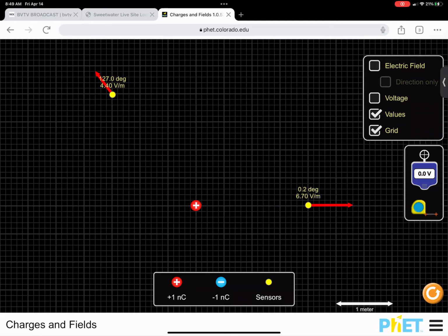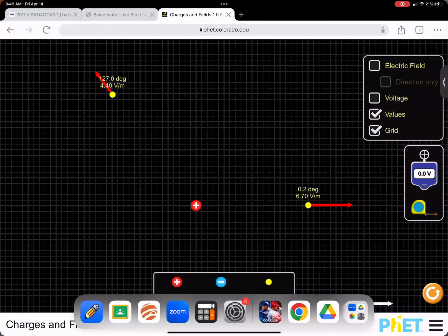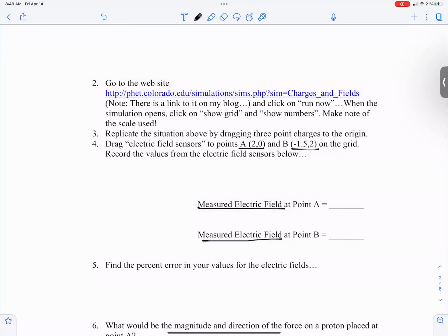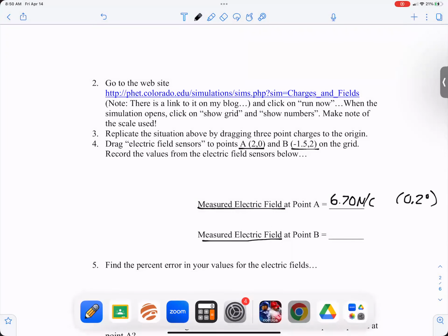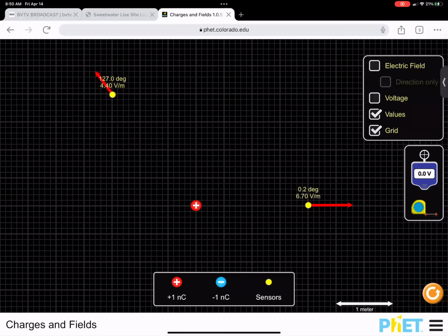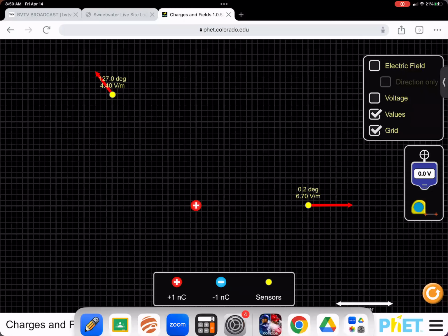That's really close to zero. So let's measure that. The magnitude is 6.0 newtons per coulomb at 0.2 degrees. And then the measured electric field at point B is 4.4 at 127 degrees.